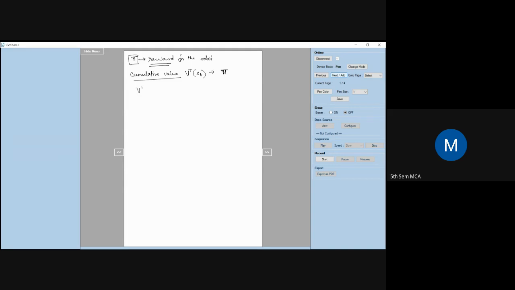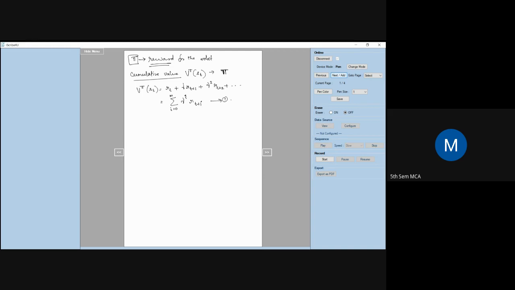So I define this cumulative value like this: RT plus gamma, a constant, times RT plus 1, plus gamma squared times RT plus 2, and so on. This I can write as the sum from I equal to 0 to infinity of gamma to the power of I times RT plus I. Call this equation 1.